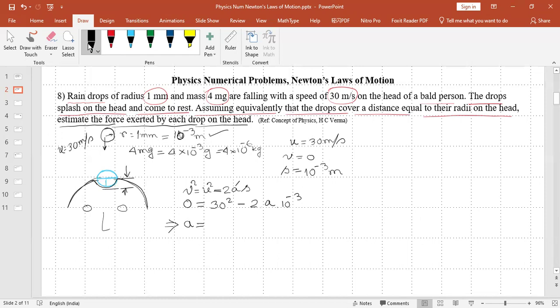Acceleration or retardation is 45 into 10 to the power 4 meter per second square. So now we have the retardation of the raindrop, and we know the mass of the raindrop also.